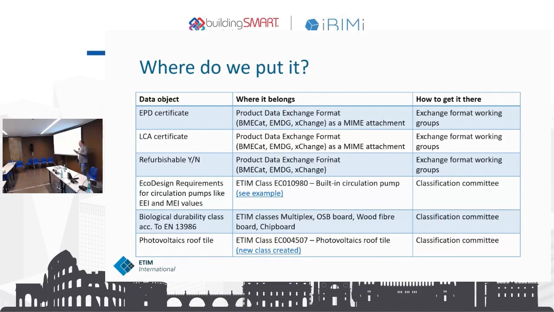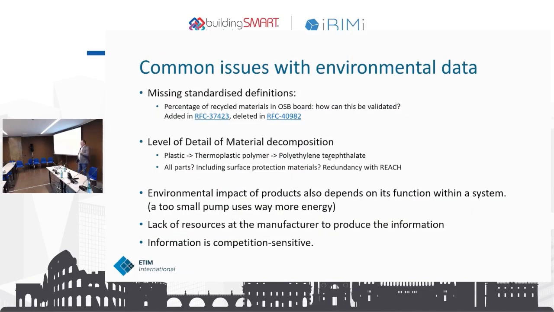Also handled by the classification committee. Done. It's there. We even have a new class for photovoltaic roof tiles. Roof tiles with photovoltaic cells in it. It's there. So as long as you participate in ETIM, you can make it better together with us. But we can't do it on our own. So that's how we can contribute to a better and safer environment.